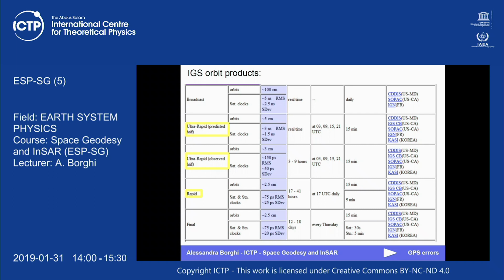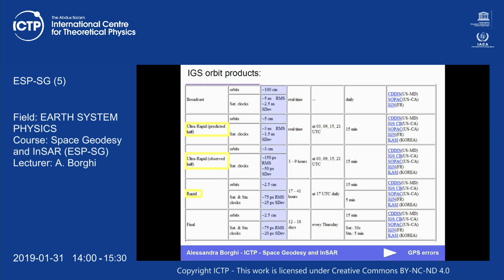And so they produce different products: ultra rapid predicted half, observed half. It depends on how many observations you are using and how many predicted values you are combining.